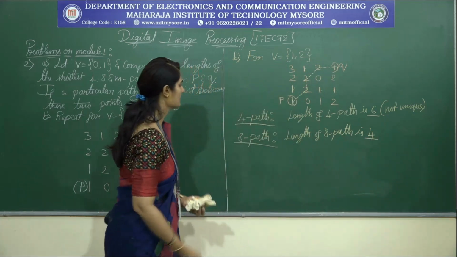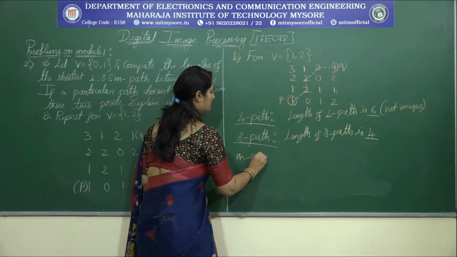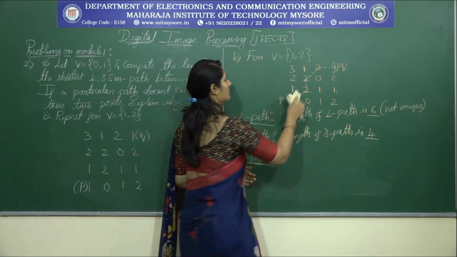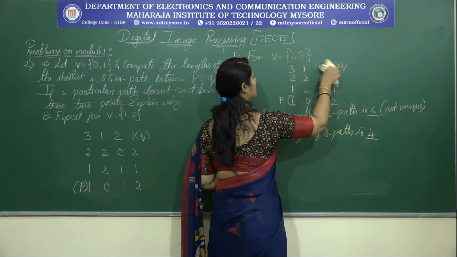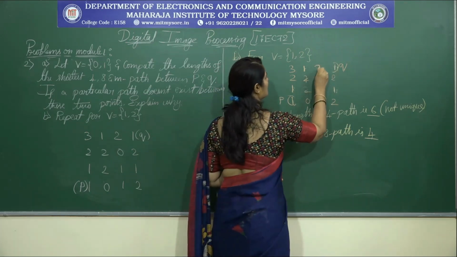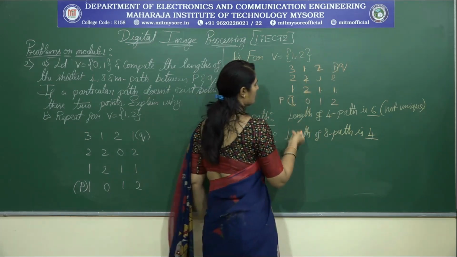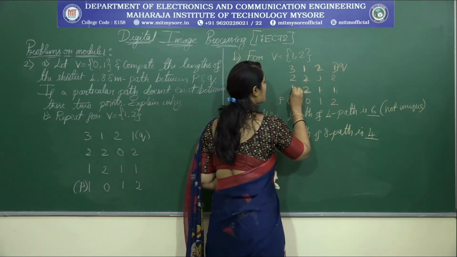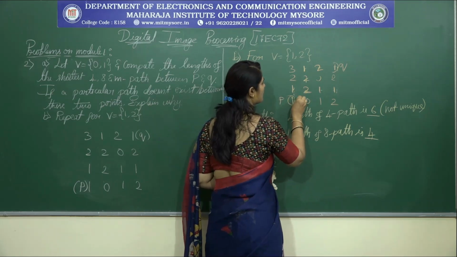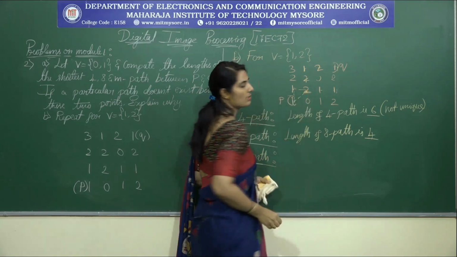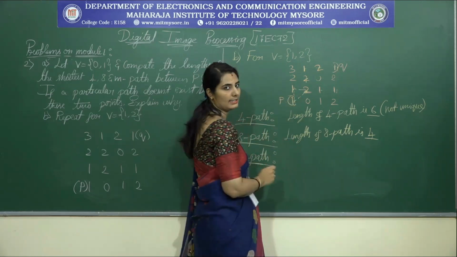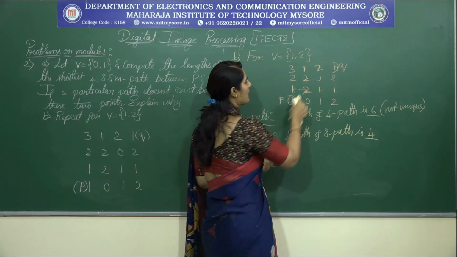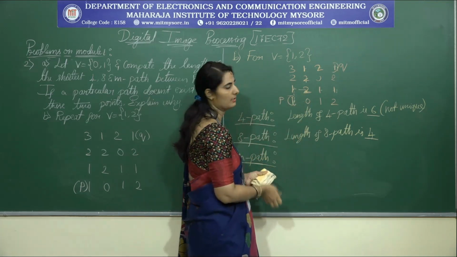Right. So next let me check for M path now. From 1 to 2 I have 2 paths. This is 4 path and this is diagonal path. So again here I have ambiguities like this. In M path, whenever we have ambiguities like this, we always have to choose the 4 path, not the diagonal path.